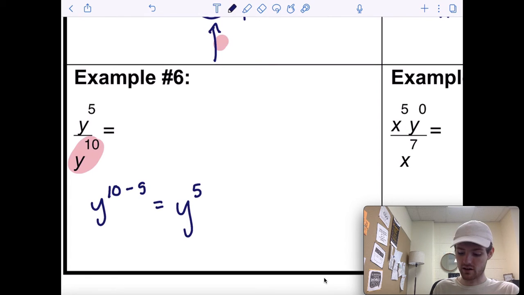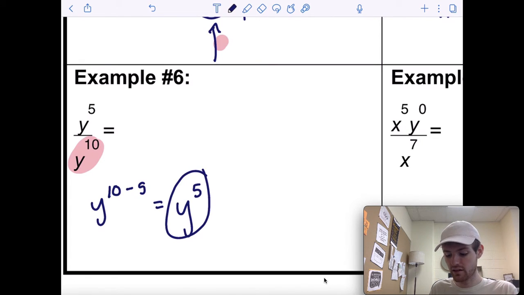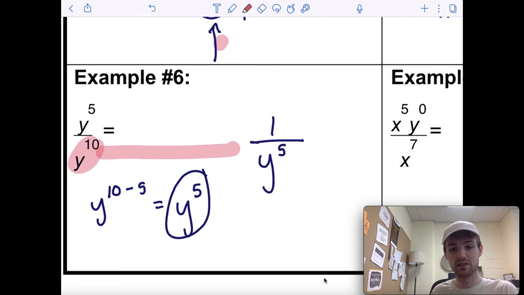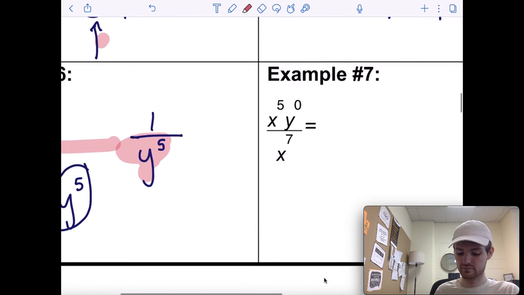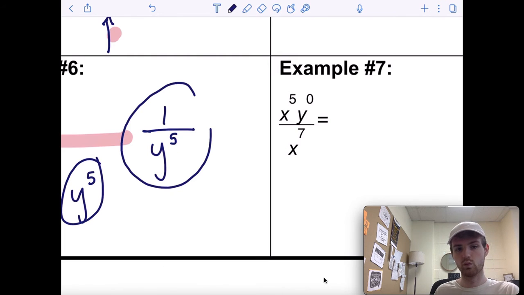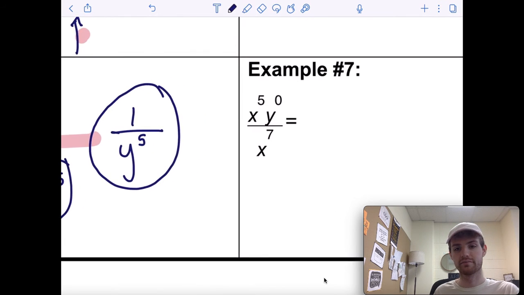When we write our answer, will we put y to the 5th in the top or the bottom of a fraction? We will put it in the denominator because the bigger exponent started in the denominator. So this is the final answer: 1 over y to the 5th.